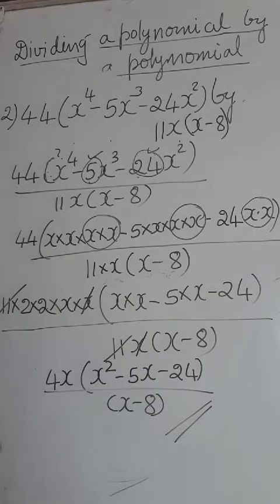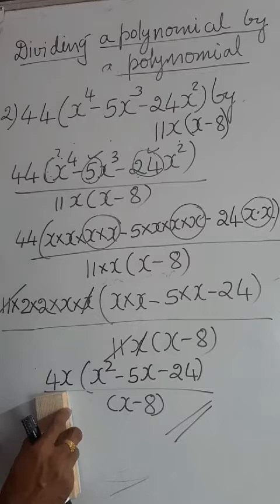Hope you understood this. Okay, this is how techniques will be developed as you solve the sums one by one. Hope you understood this sum. Okay, this is the second sum with respect to dividing a polynomial by another polynomial. If you want one more sum, you can go through that.